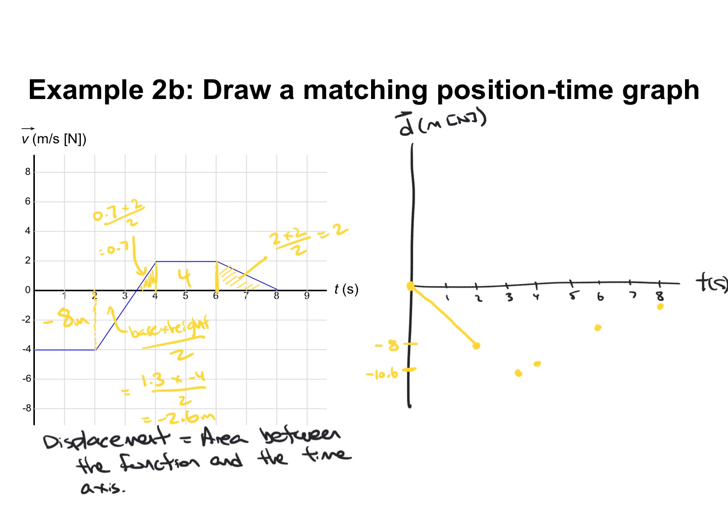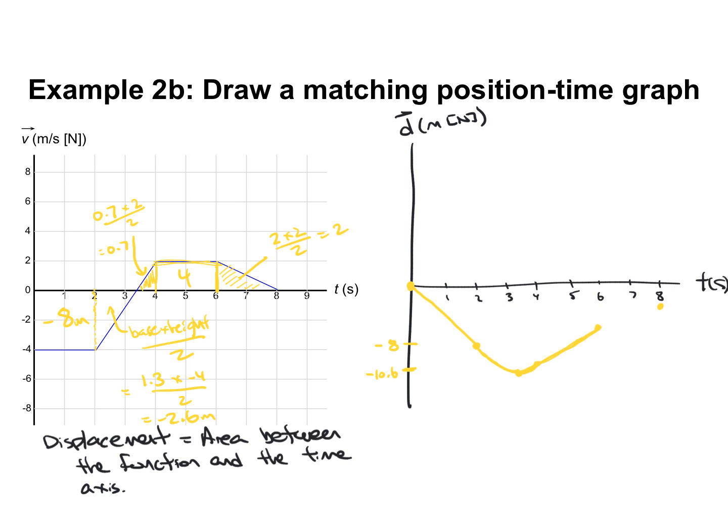So I have to make it slow down, so it's curving, but then it comes to an instantaneous stop and then it has to start speeding up. That should make a nice curve, kind of parabolic actually, part of a parabola. That would be the slowing down part and then the speeding up part. Then from 4 to 6 seconds, it's a constant velocity again, so I can use a nice straight line there.